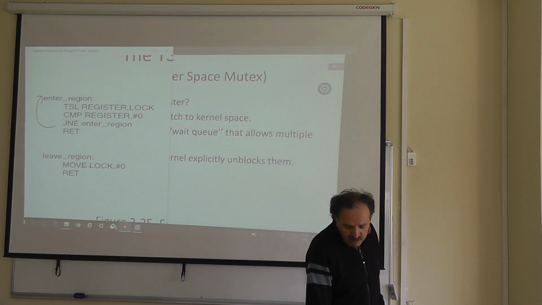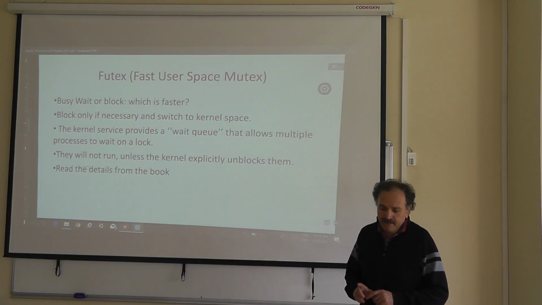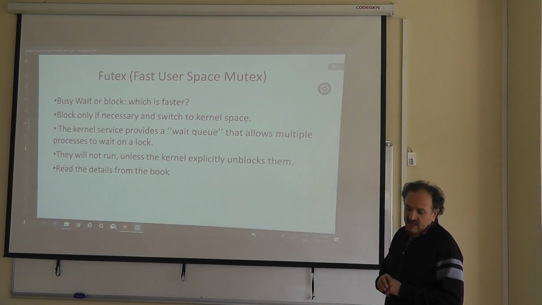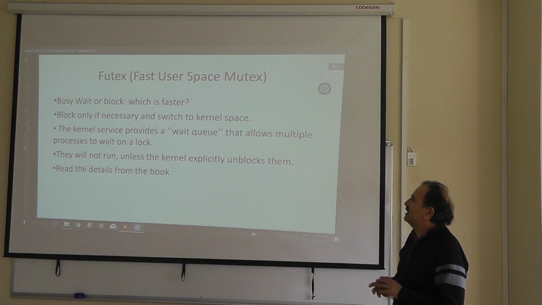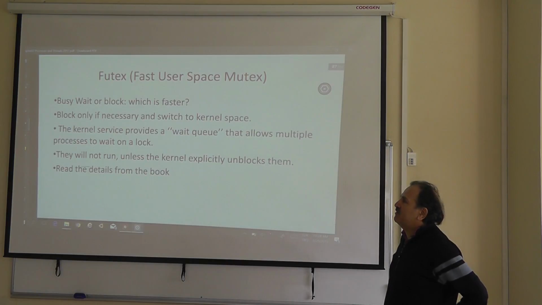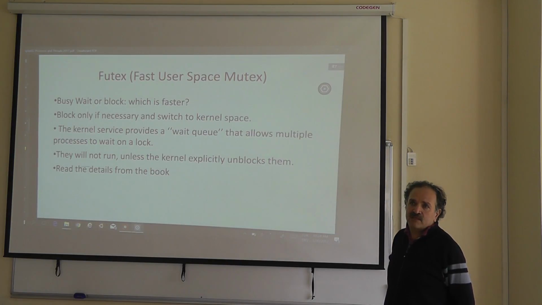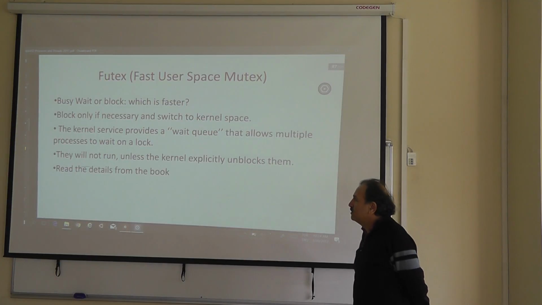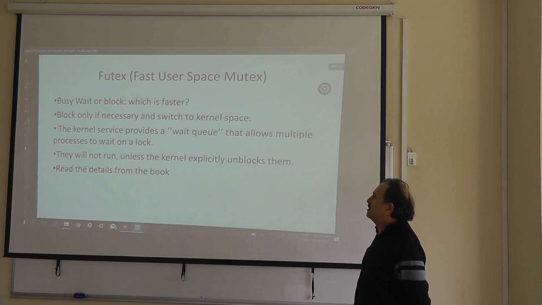So, people say that, okay, why don't we use user space mutual exclusion mechanism without asking the operating system? Maybe we can do the busy waiting for a few cycles. Then if it doesn't work, then I can ask the operating system to suspend myself, to yield my CPU to the other processes.